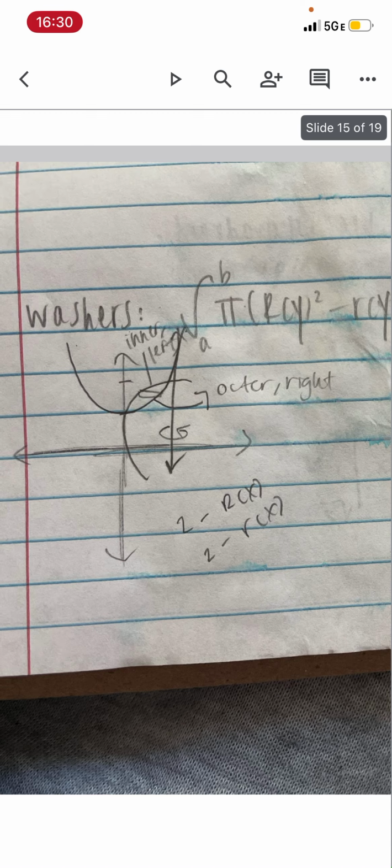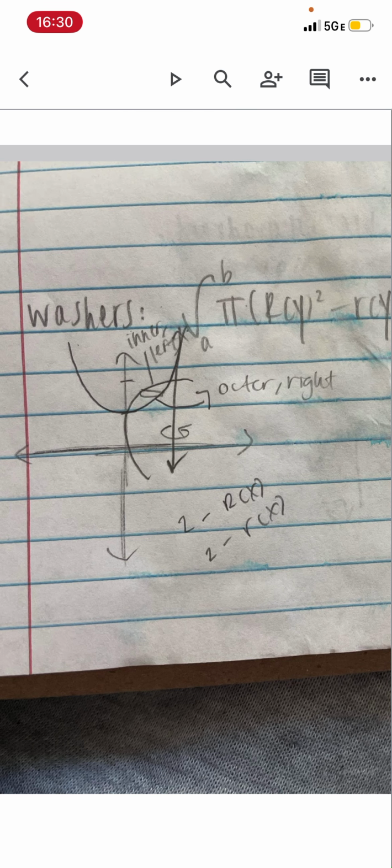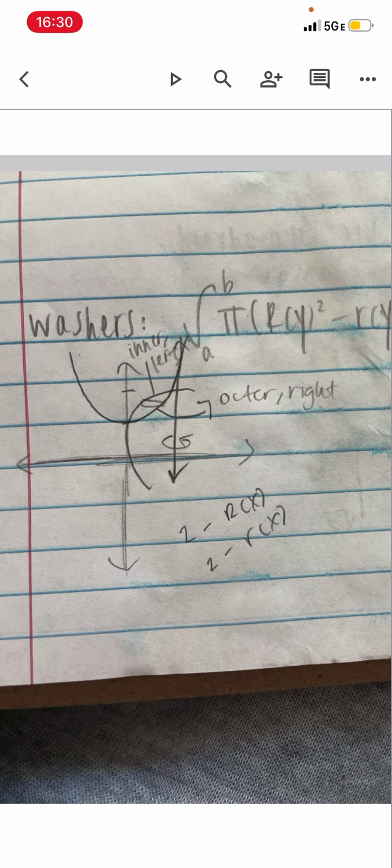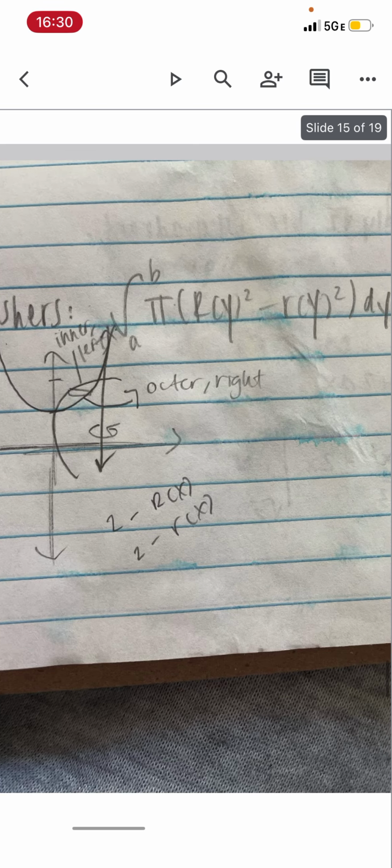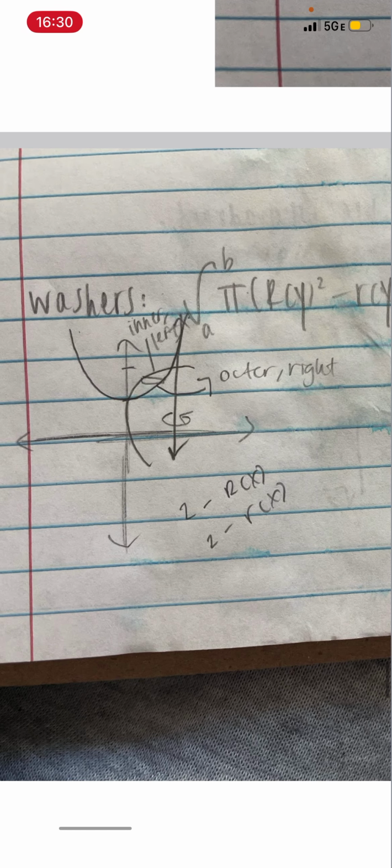And like I said earlier, because we have that gap between x equals 2 and where the function starts, we have to take 2 minus the outer radius and then square that, and then subtract from that 2 minus the smaller radius squared, times pi. And that is how you find the volume of these functions using the washer method.